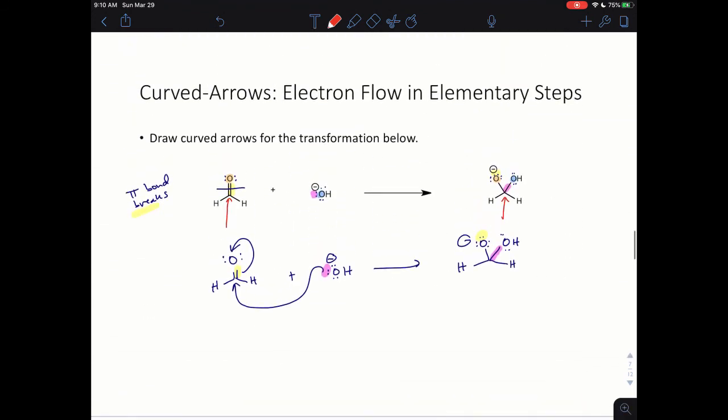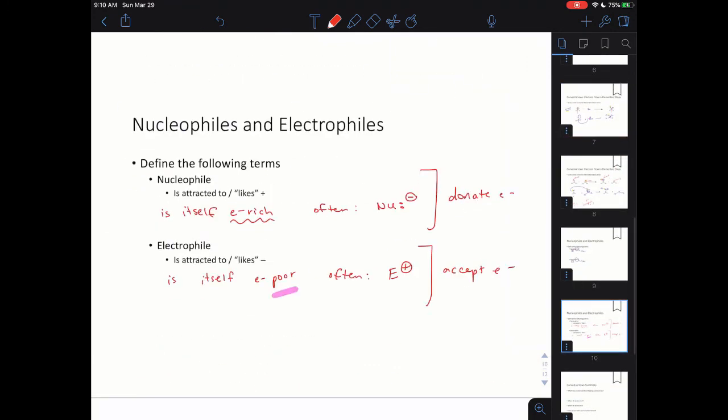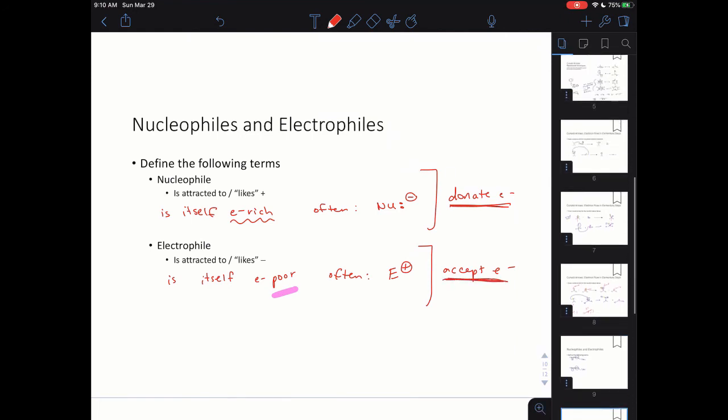We will take a look at this example and see if we can identify electrophile and nucleophile. So recall, nucleophiles are attracted to positive charge, and overall they will donate electrons. Electrophiles are electron poor, so they're attracted to negative charges, and they will accept electrons.